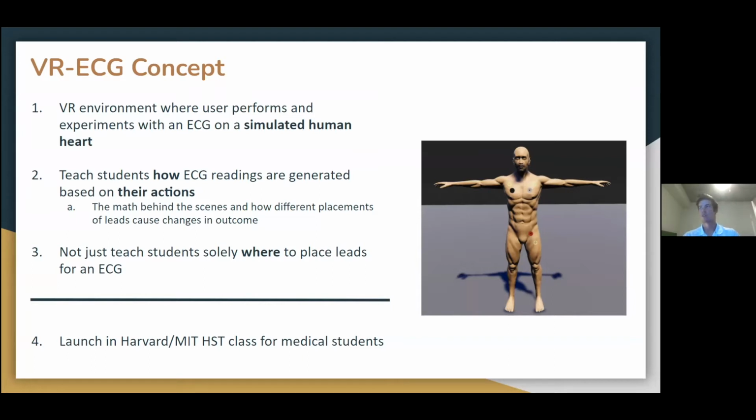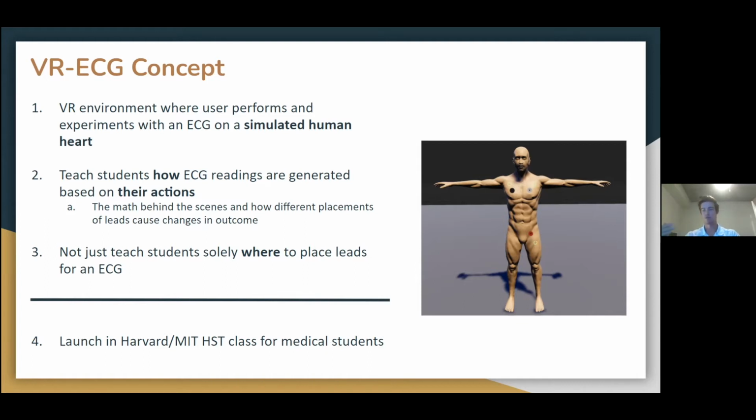So the VR-ECG doesn't just teach students where to place the leads, like I've said, but it gives them the freedom to experiment and place these leads wherever they want on the body. And based on how they place them, they have EKG graphs running next to them.